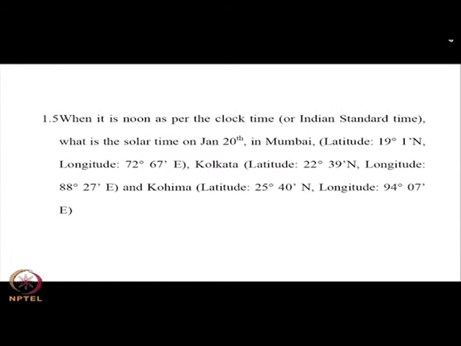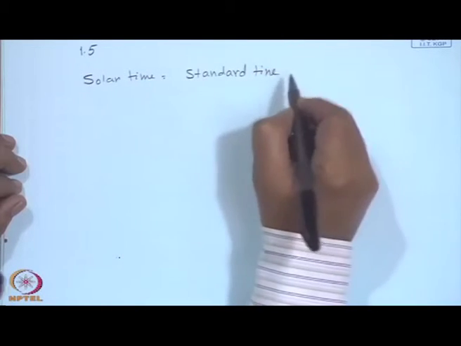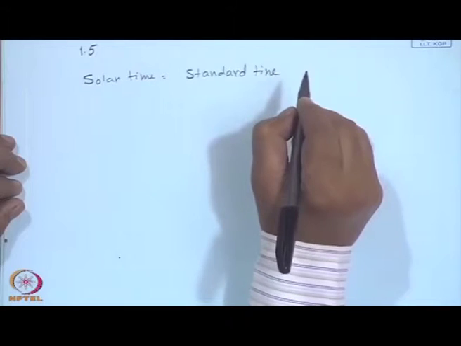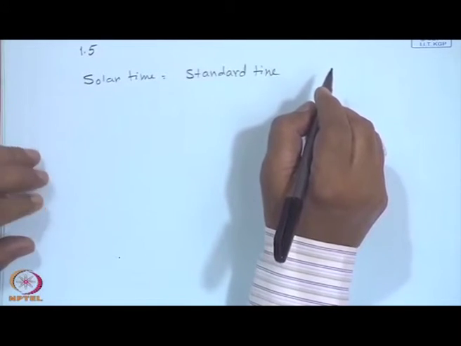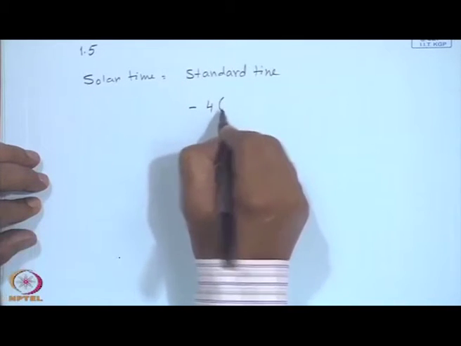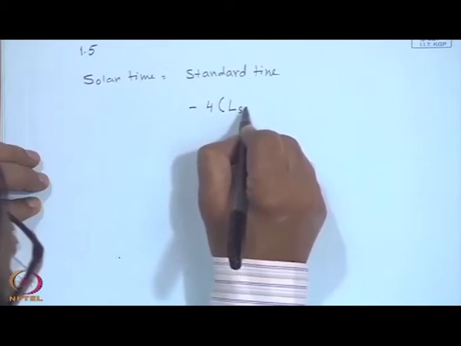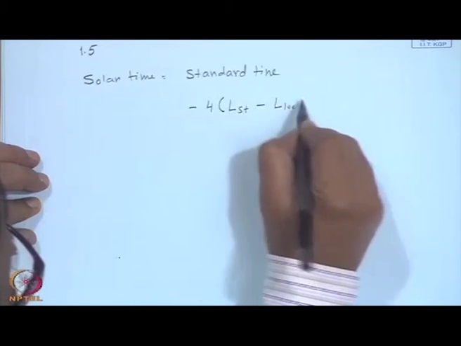So, we know that solar time is the standard time, that is the time that we see in the clock based on the longitude on which our Indian Standard Time is based, minus 4 times the longitude of the standard time minus the location longitude.